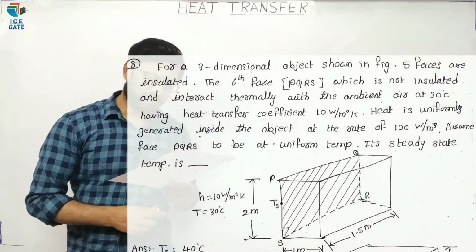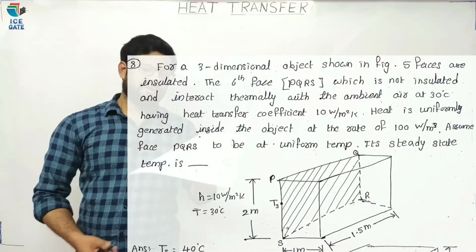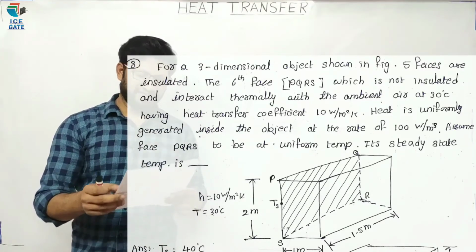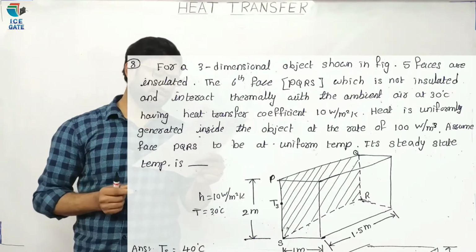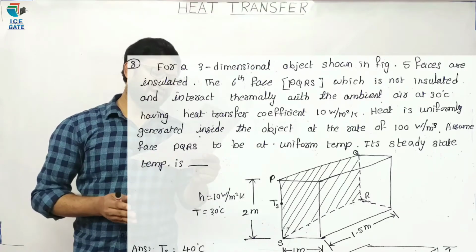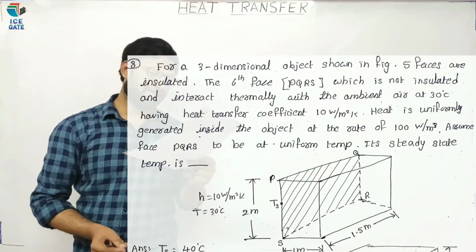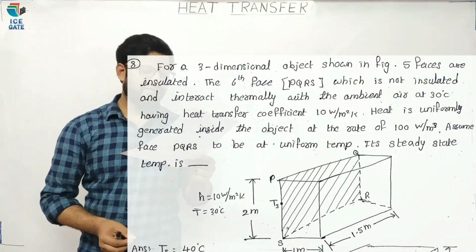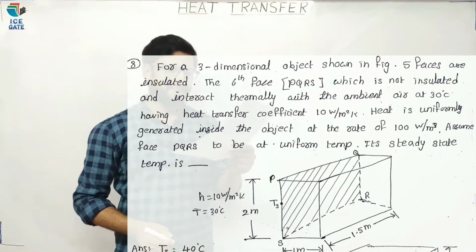For a 3-dimensional object in figure, 5 faces are insulated and the 6th face PQRS, which is not insulated, interacts thermally with the ambient air at 30 degree centigrade, having heat transfer coefficient 10 watt per meter square Kelvin.